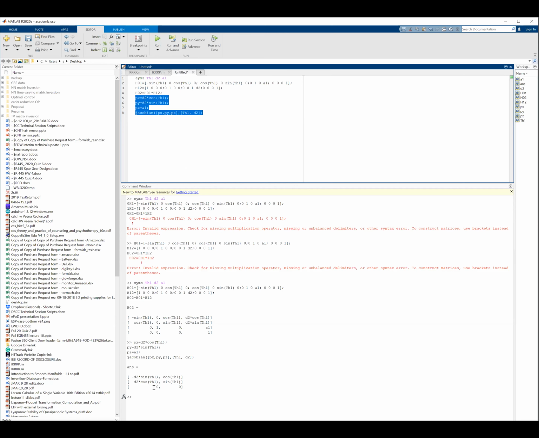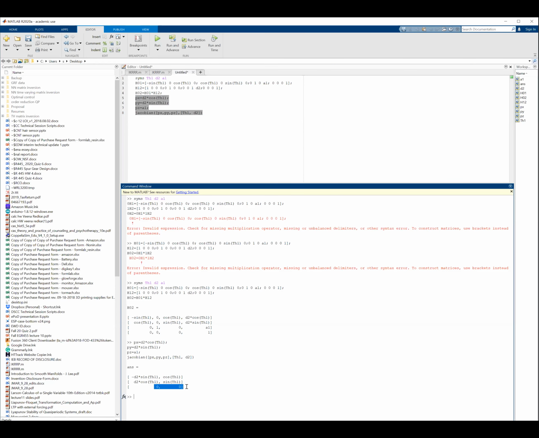And that is the reason why the last column of this Jacobian is 0. Please note, this Jacobian is not a square matrix, it's a rectangular matrix.